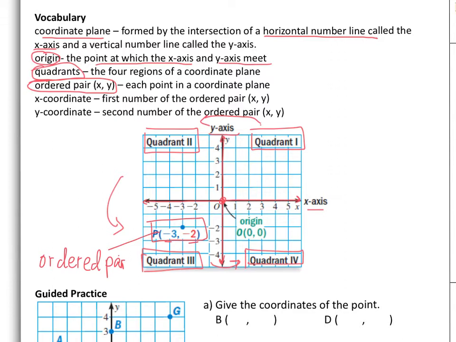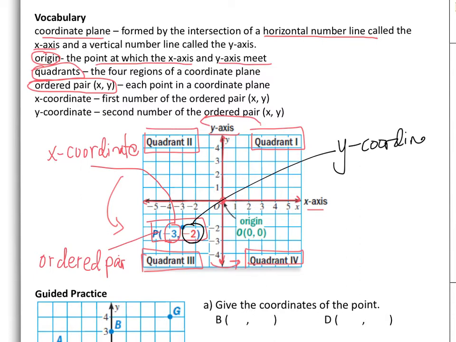So this first number, -3, we call the x-coordinate. And the second number we call the y-coordinate. So again, the x-coordinate is the first number of the ordered pair (x, y). The y-coordinate is the second number of the ordered pair (x, y).